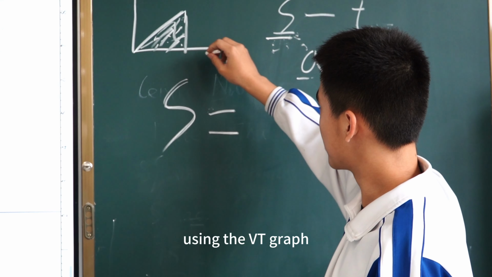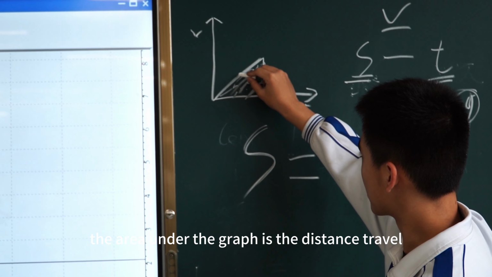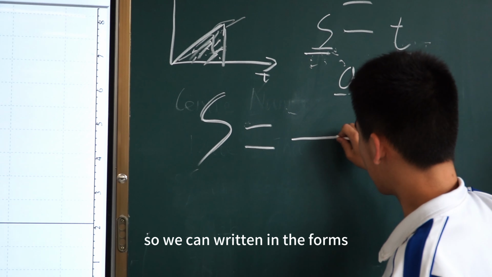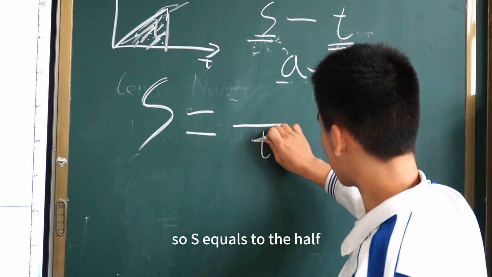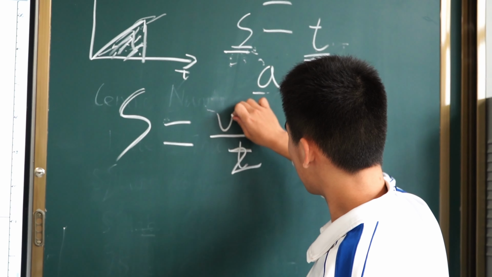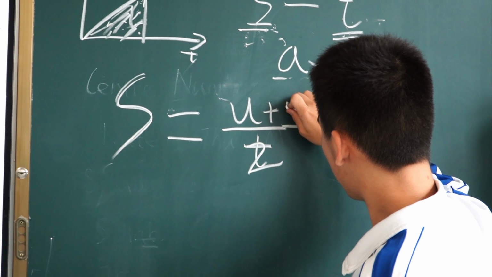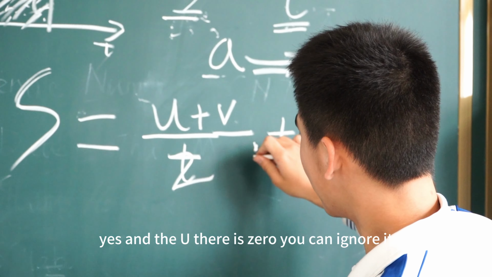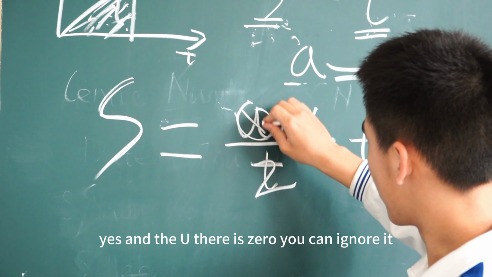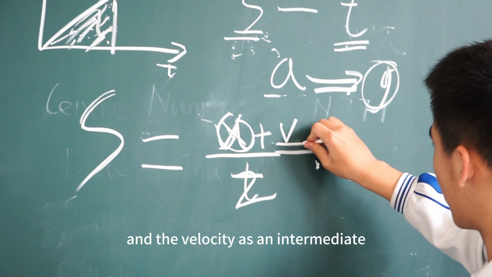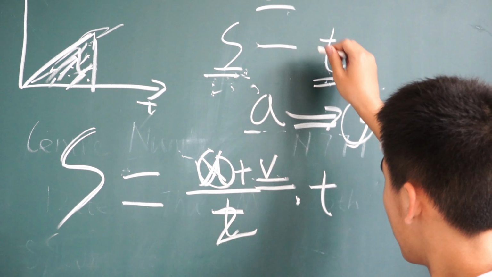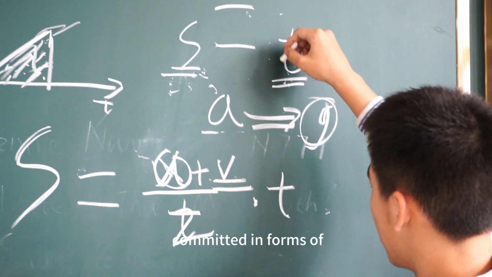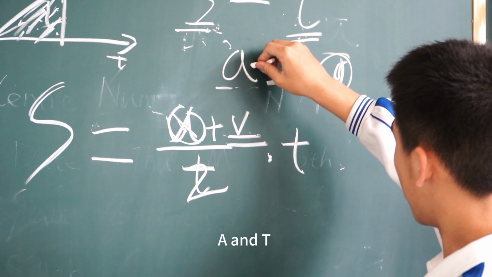As we all know, in a VT graph, the area under the graph is the distance traveled. So we can write s equals half times u plus v, the final velocity, times the time taken. And u there is 0, so you can ignore it. The velocity is an intermediate value, so we need to convert it into a form of a and t.